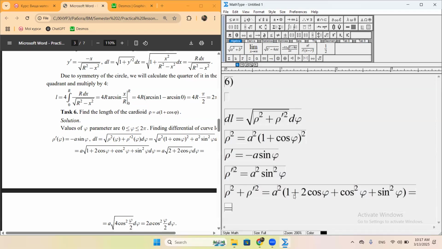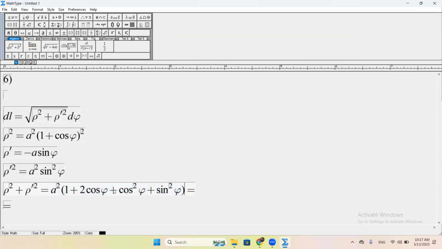Then let's collapse it a little bit, so let's reduce. So 2 plus 2 cosine of phi.